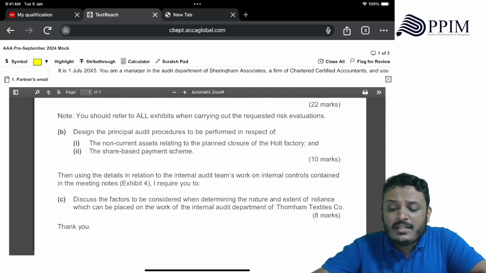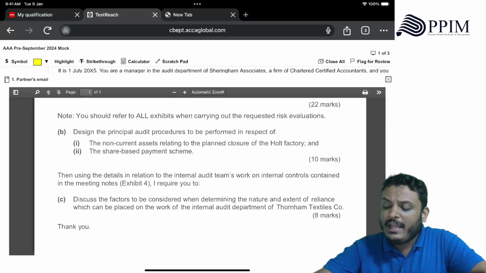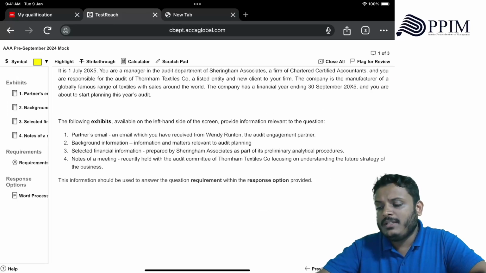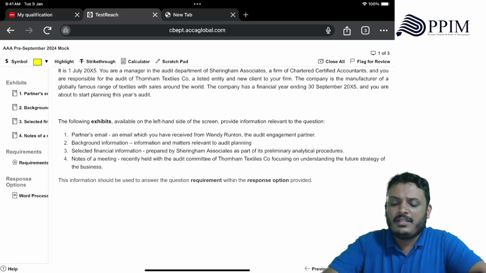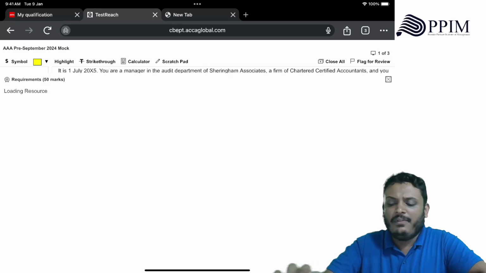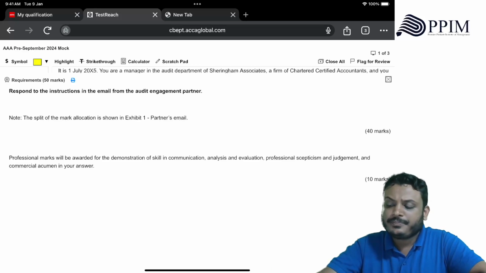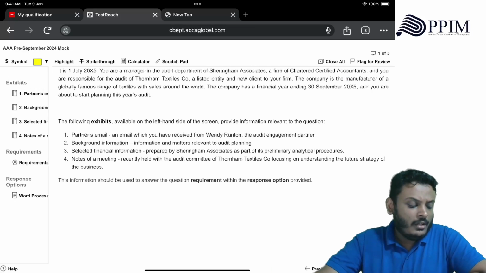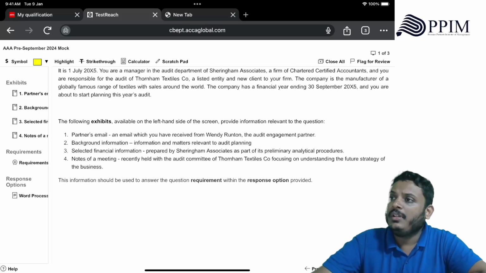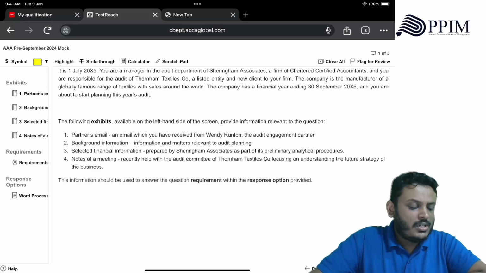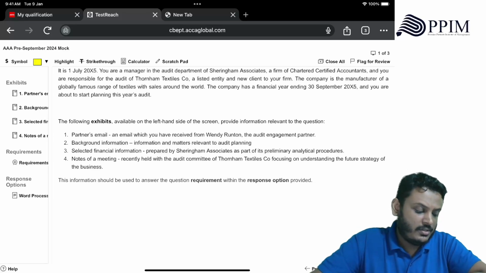discuss the factors to be considered when determining the nature and extent of reliance which can be placed on the work of internal audit department. You all might have studied this, that when we are relying on the work of internal auditors, internal auditor's scope is broader than external auditor's scope.